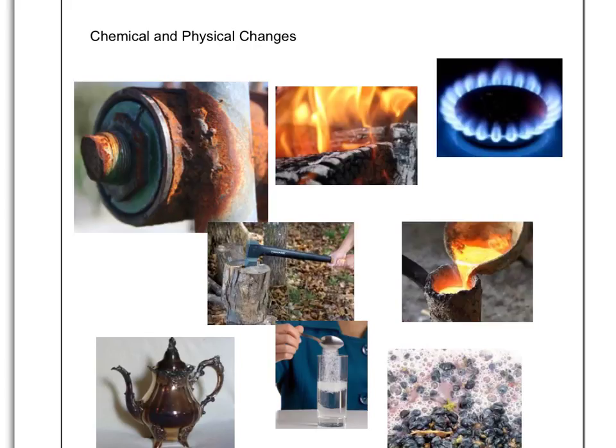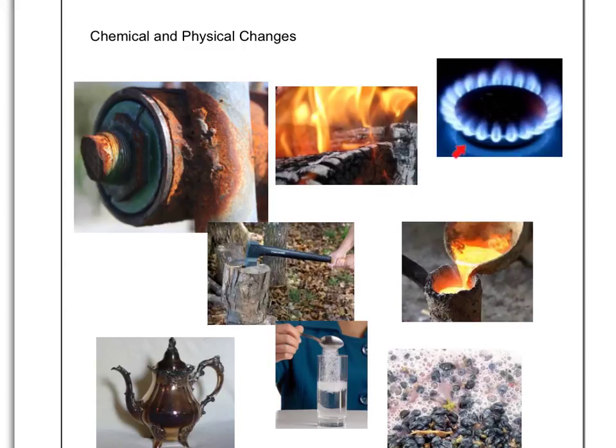And there's no simple way to get back. For example, if I have rust, I can't easily make rust back into iron. I mean, it could be done, but not in any simple way. Likewise with wood, you can't take ashes and make them back into wood. So chemical changes tend to be more one-way reactions.